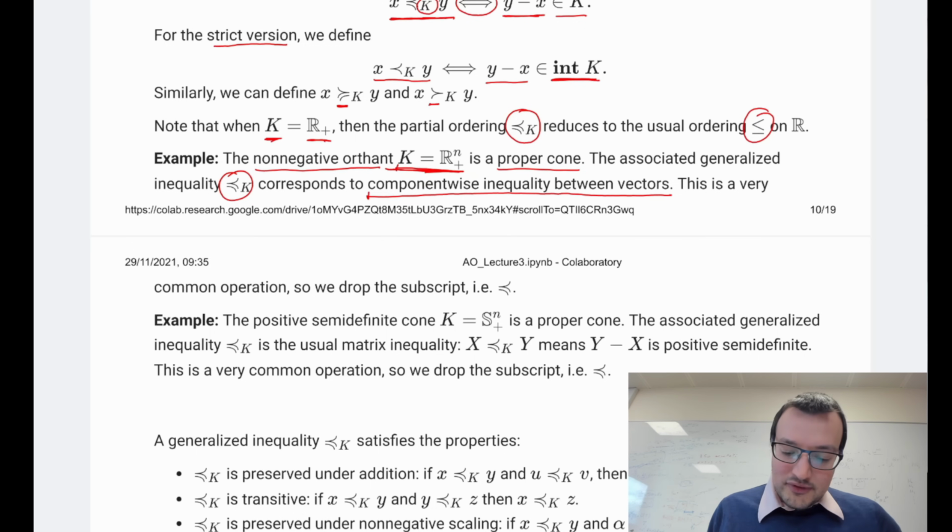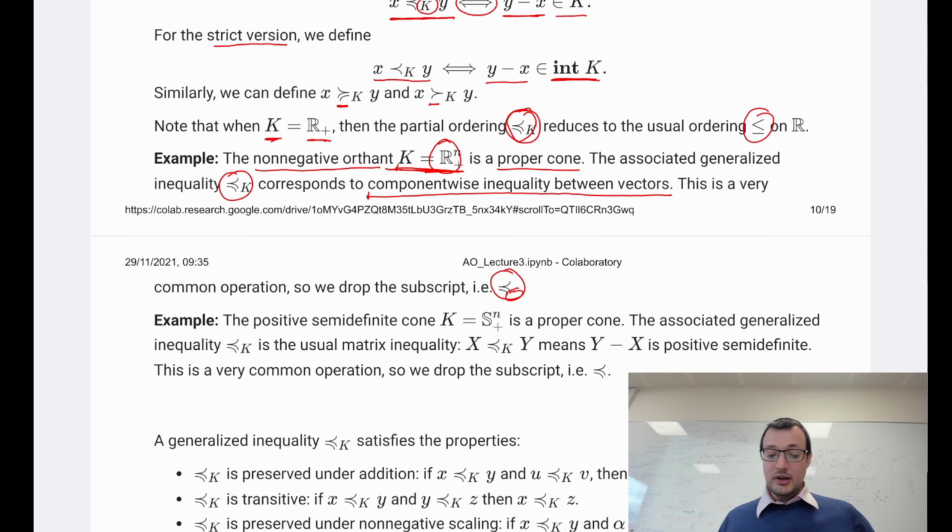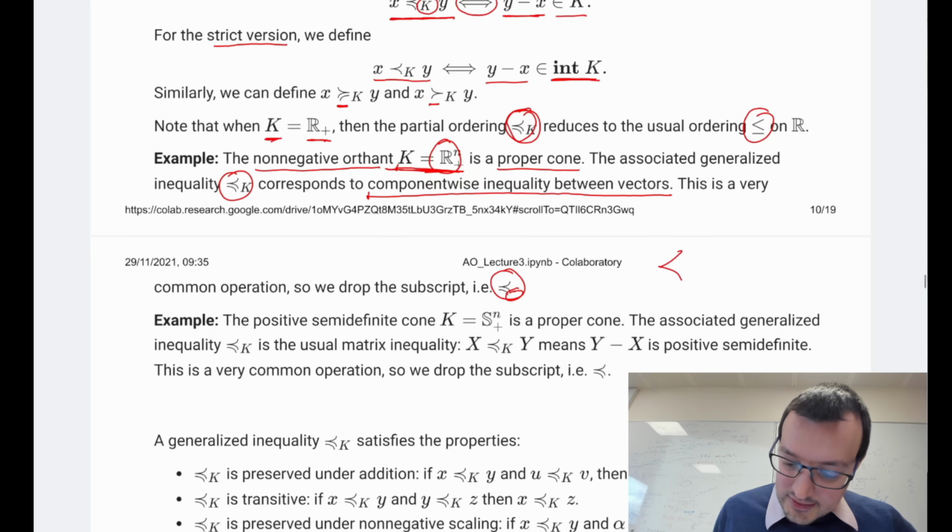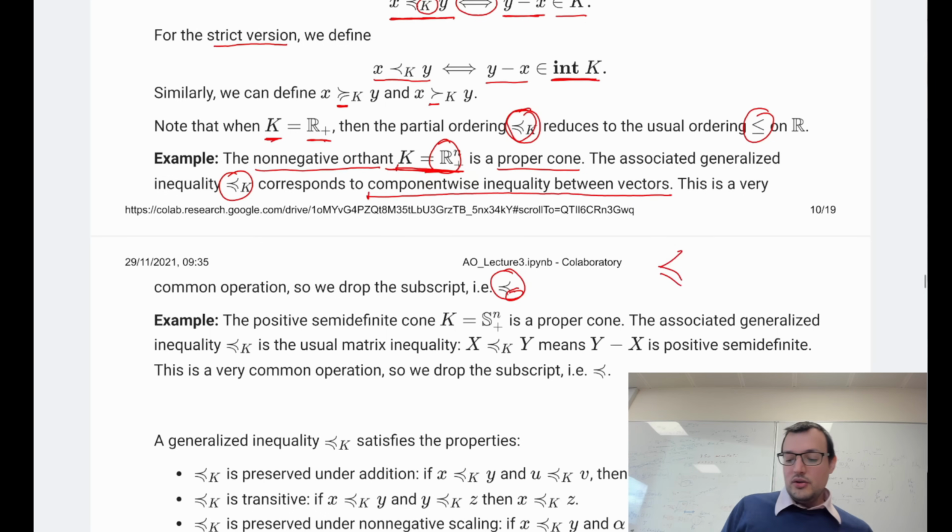This type of generalized inequality is very common, and for that reason we just indicate it without the K at the bottom, or without the R plus at the bottom. So whenever you see this symbol, that up to this point we called component-wise inequality when we were comparing two vectors, that's nothing else than the generalized inequality with respect to the non-negative orthant.